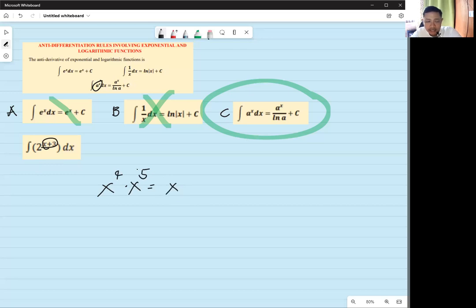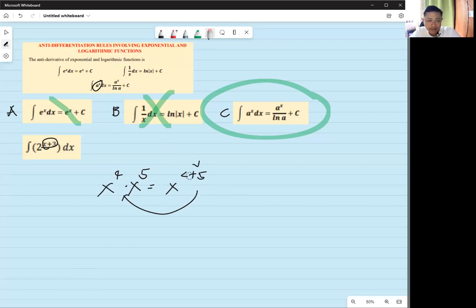And then since they are the same, we just have to add the 4 and 5. This is the laws of exponents. So parang ganito siya, sir. But this time, it's exponential, so we need to apply this. We need to separate the exponent with our given base.